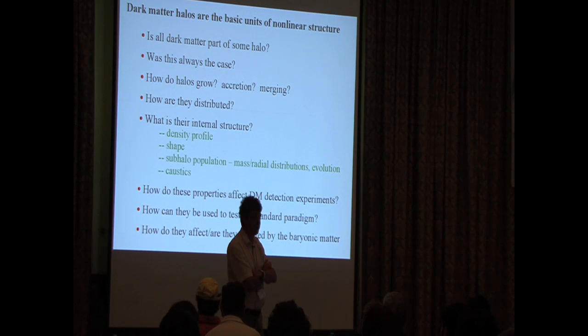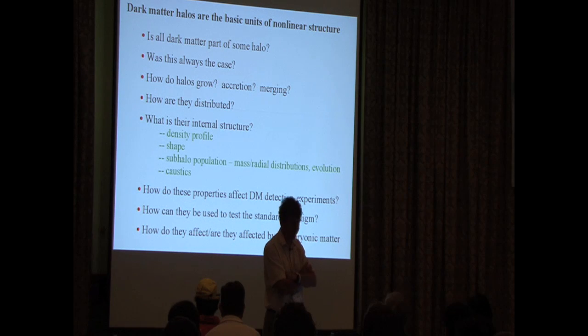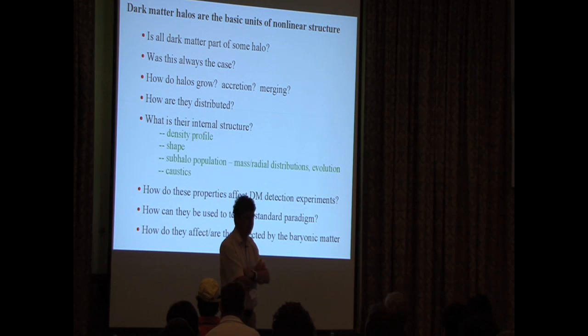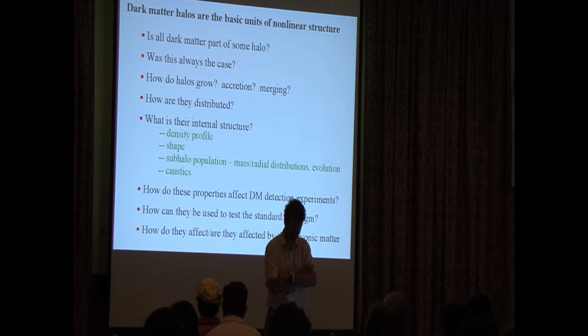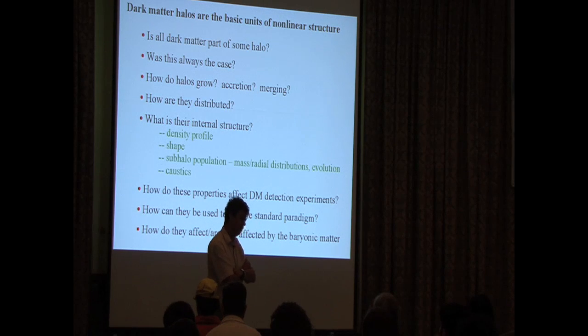I mean their internal structure, so what is their density profile? Are they spherical? If not, how far from spherical are they? What about all the substructure that forms within them? How is it distributed? How much of it is in very small objects? How does it evolve with time? How does it depend on position inside, for example, the dark halo of our own galaxy?